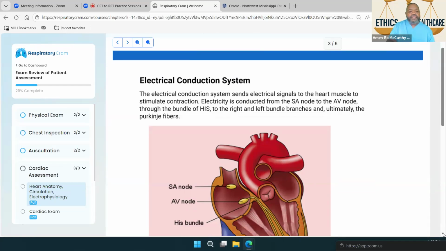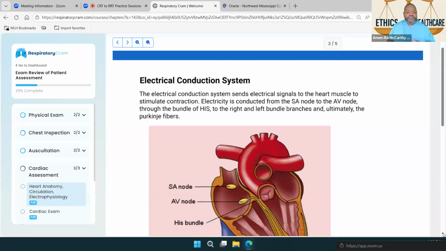All right, so after you have the blood flow, you also have an electrical flow through the heart. Make sure you brush up on your terms and structures of electrical conduction. The electrical conduction is just as important as the blood flow. They both have to be working on all cylinders or we're going to have a problem.